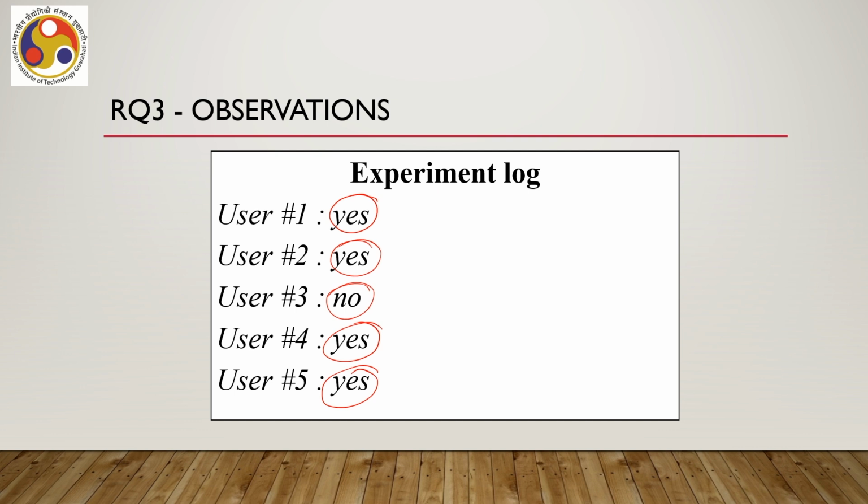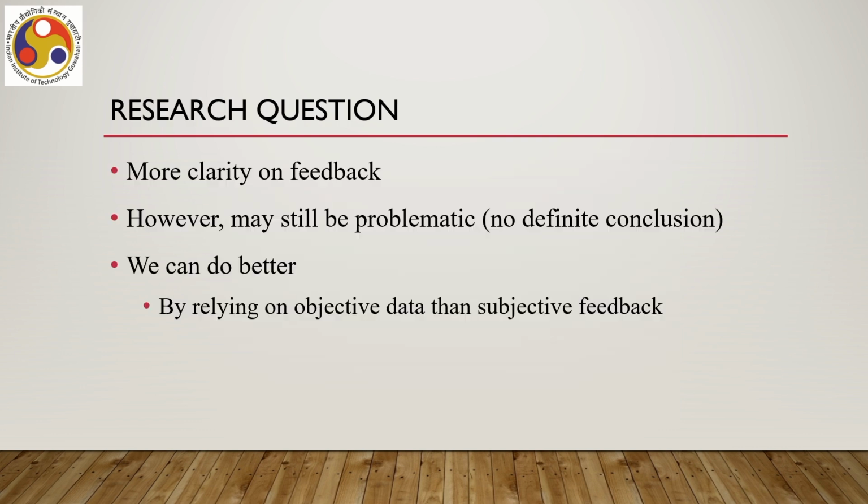However, although there is more clarity on the feedback, the feedback itself may still be problematic. It may still be difficult to come to a definite conclusion. As you can see, 2 may say yes, 2 may say no, and so on and so forth. So, it is always a problem when we depend on subjective feedback.